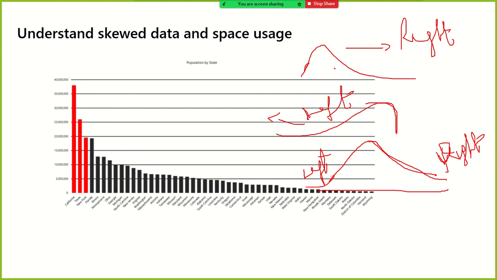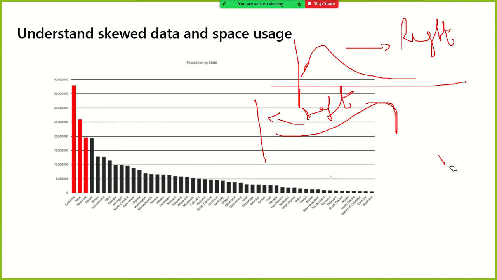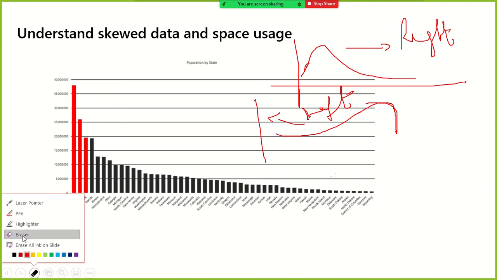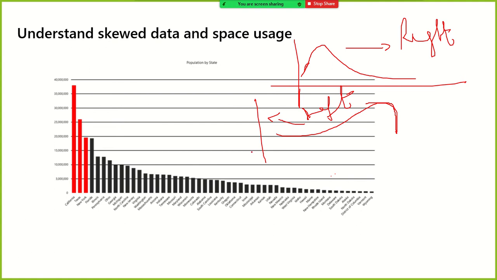So to understand this, you have this map. Apologies for my drawing, not too perfect. So you can have something like this, and you can have another one. This one is equally skewed.